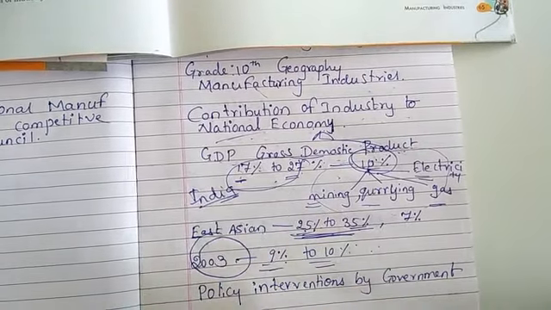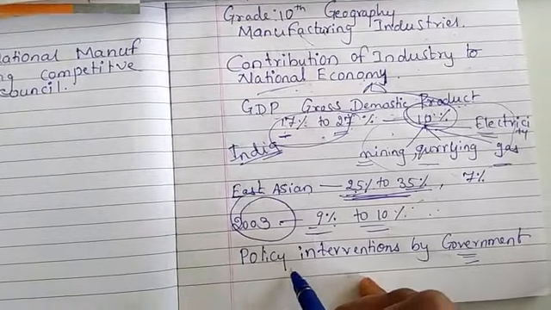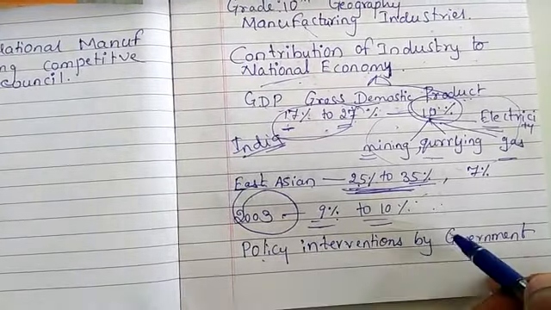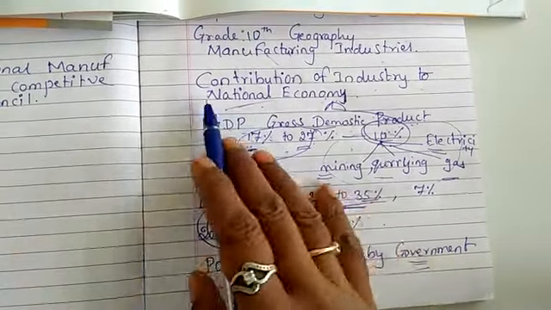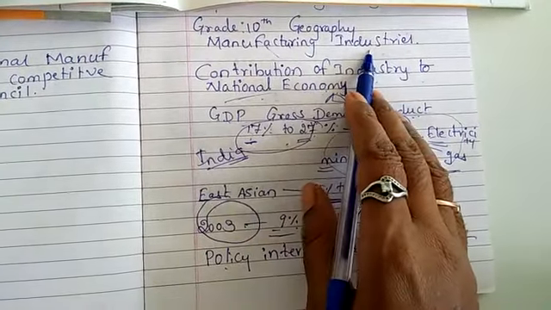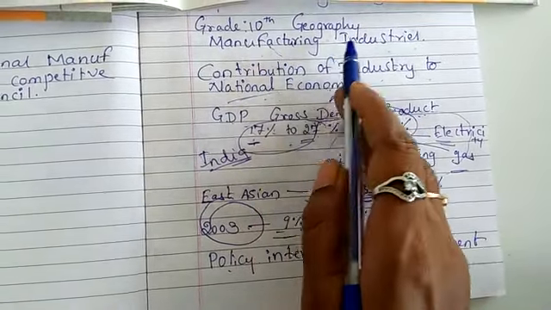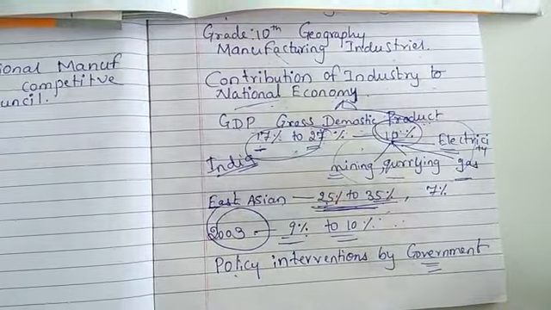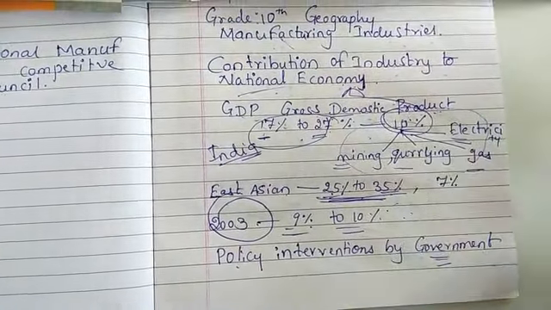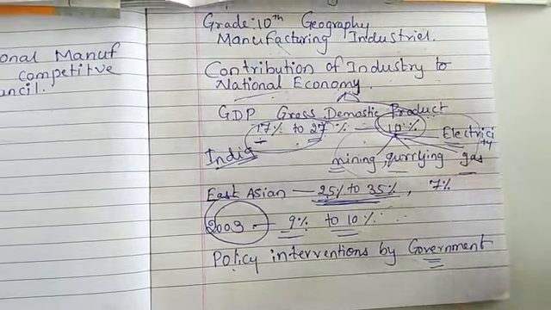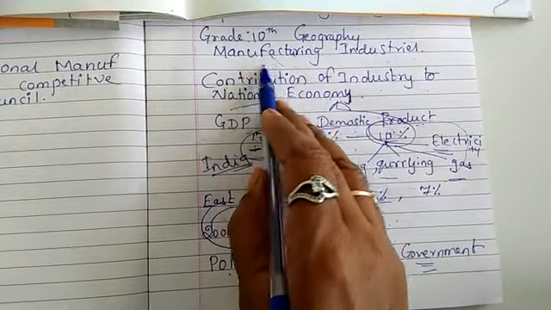Here the government is making different policies to attract people towards industries. That is the main important thing, to achieve the target for the next decades, for the next generation, through a contribution to production through manufacturing.